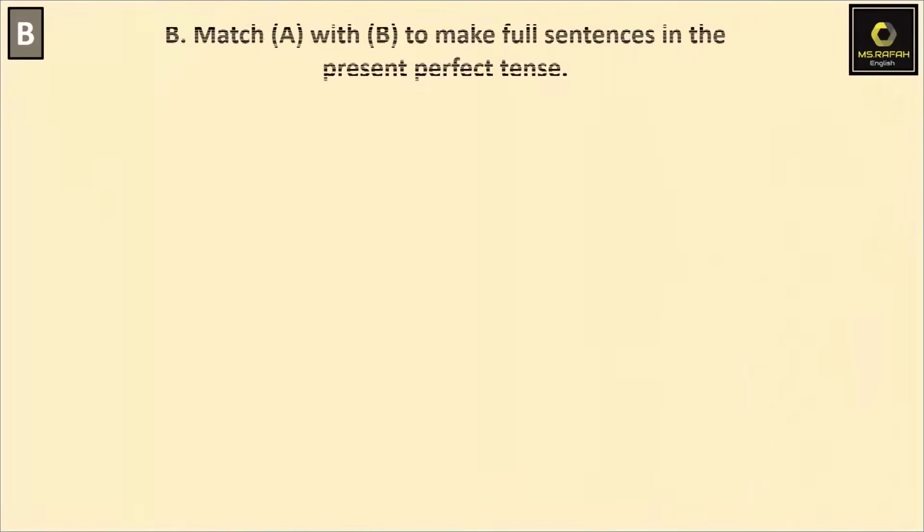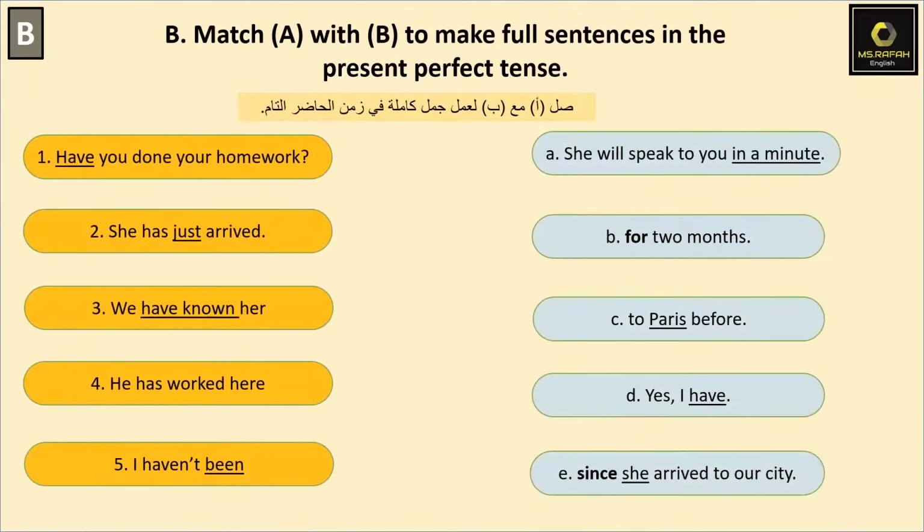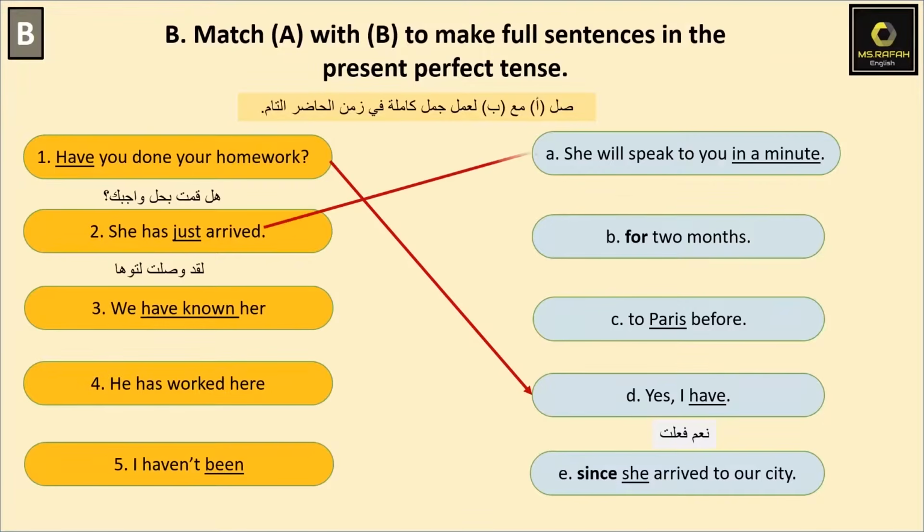Now B. Match A with B to make full sentences in the present perfect tense. Have you done your homework? Yes, I have. She has just arrived. She'll speak to you in a minute.